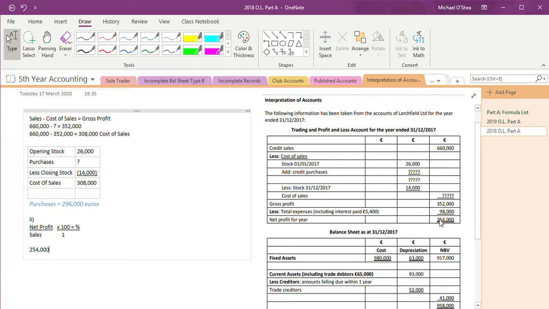My sales figure that I'm going to put below it is at the top of my P&L at 660,000, credit sales, that's the figure I'm given there. So I multiply by 100 divided by 1, and my answer is equal to 38.48%.